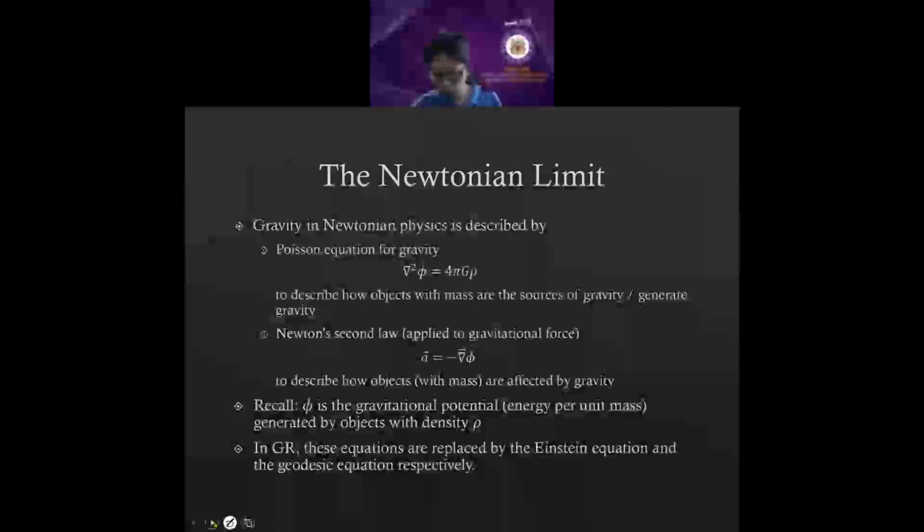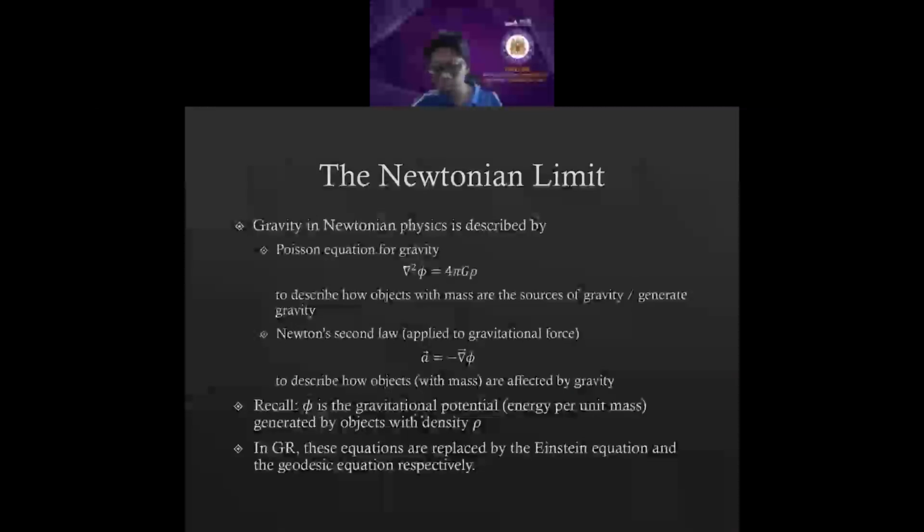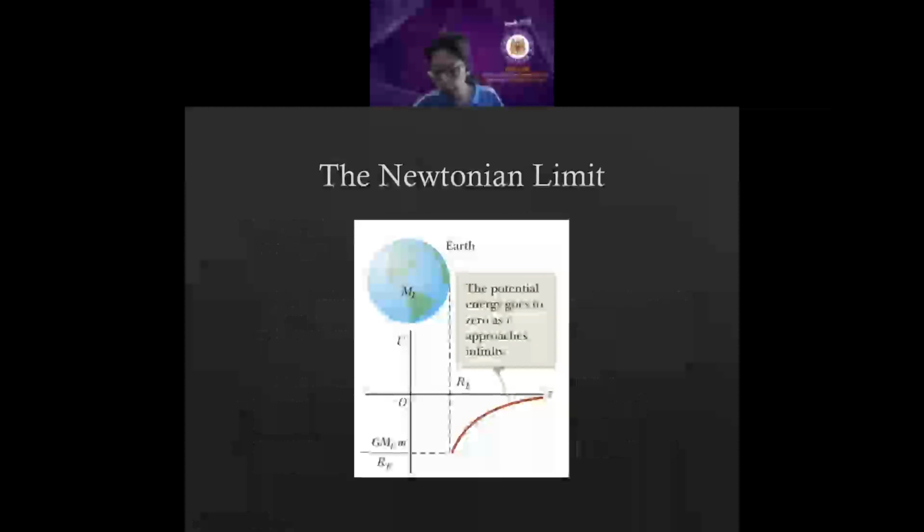Okay, a bit of comment about the gravitational potential energy. If you recall in mechanics, you would have learned that we can associate gravity with what's known as the gravitational potential energy.